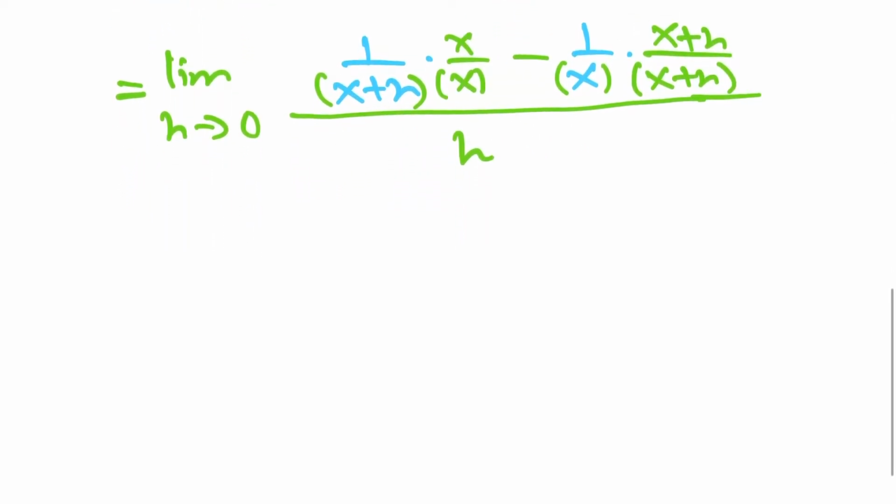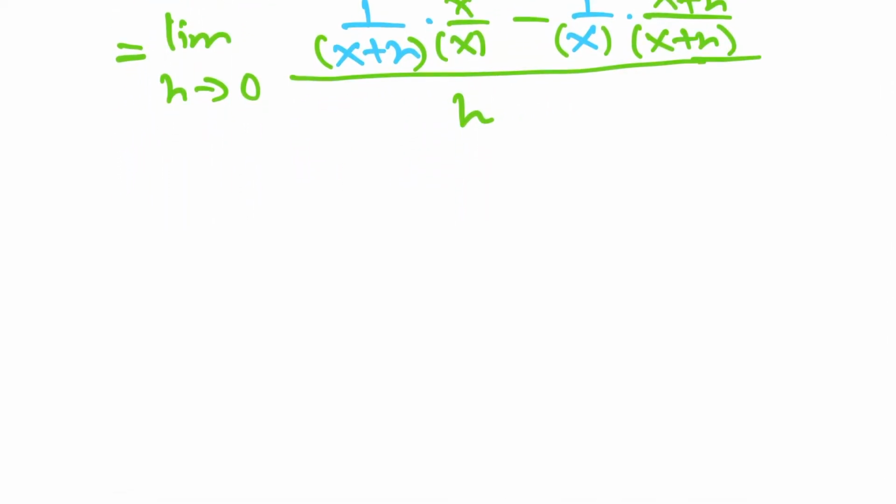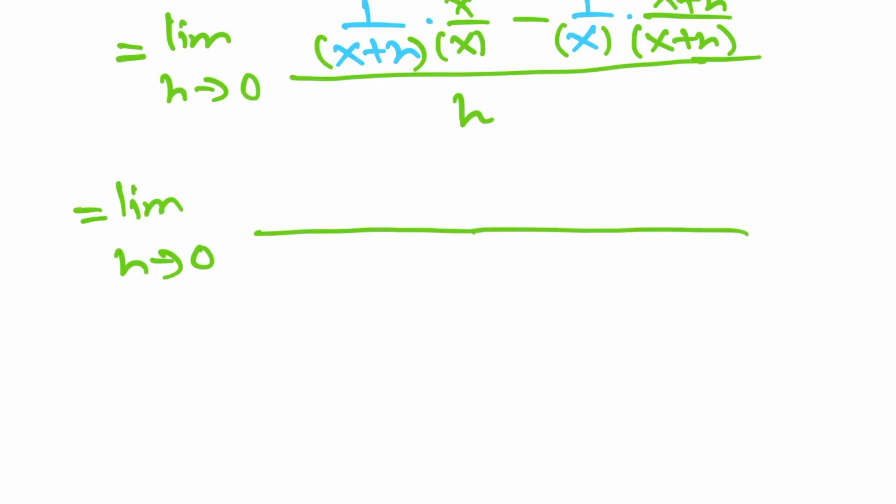All right, so let's solve this. So limit as h goes to 0. I'm going to leave h as it is. Let's do the top part. Now my denominator is the same, x times x plus h. So I have x minus, now there's a common mistake that many people make.